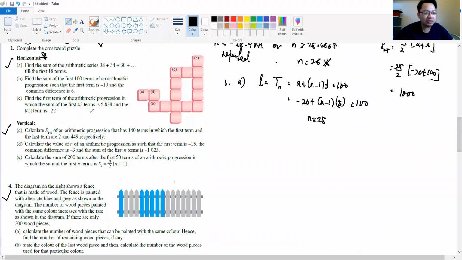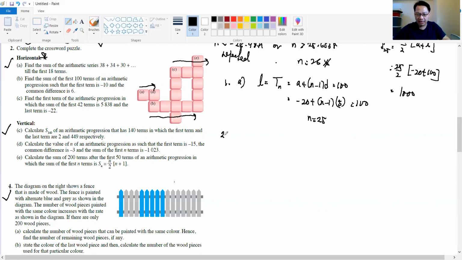Okay, so guys, the sum of arithmetic progression for A, this one horizontal, B and C, horizontal. All right. Find the sum of arithmetic series 38, 34, 30, and so on, for the first 18 terms. So we want to find the S18.